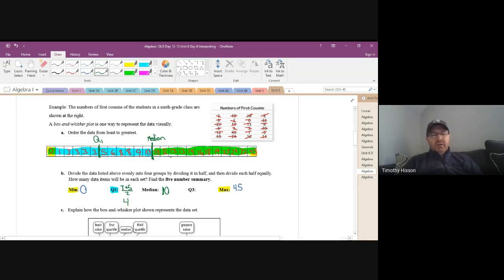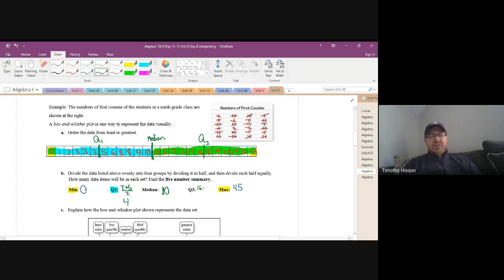So again, there are 6 values. So the third quartile is going to be between the 6th and 7th. So here's the 6th value, and 18 is the 7th value. So that means our Q3 is right there between 16 and 18.